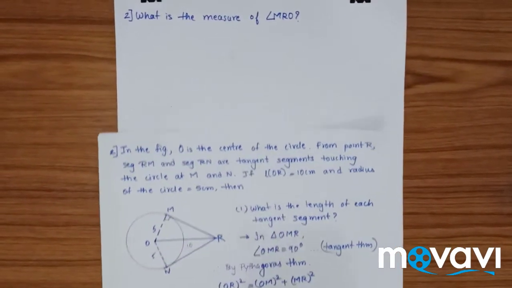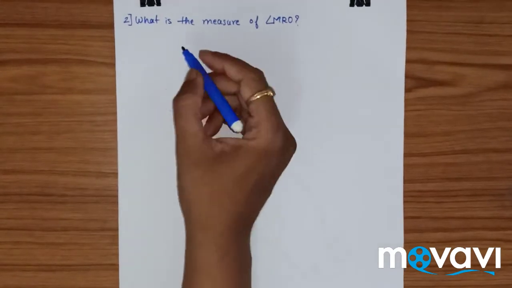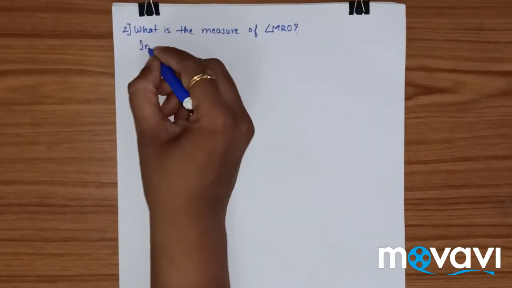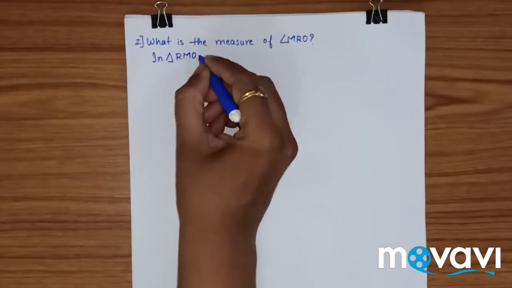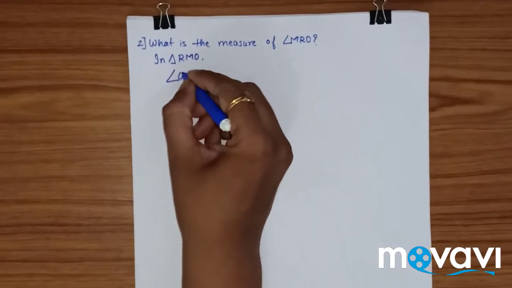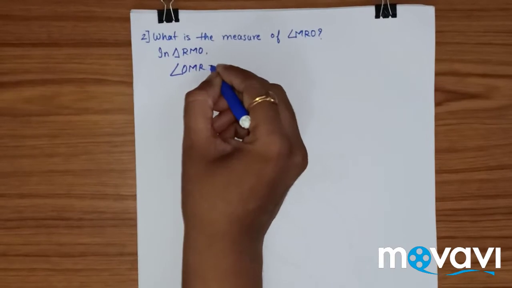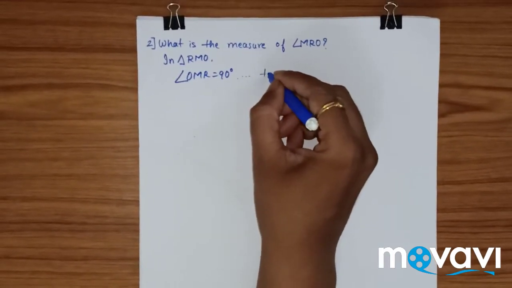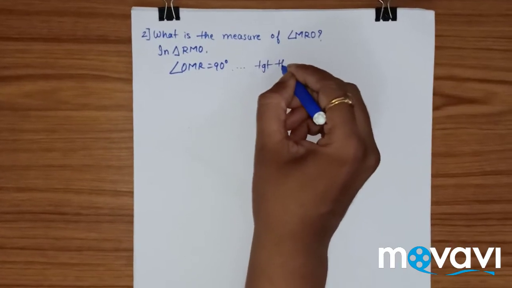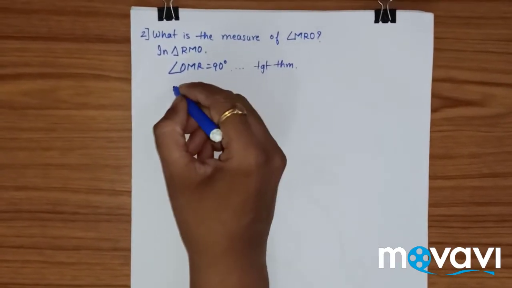Let us write down. In triangle RMO, what do we have? Angle OMR is 90 degree. We have already written, it is by tangent theorem. Now what is given to us?